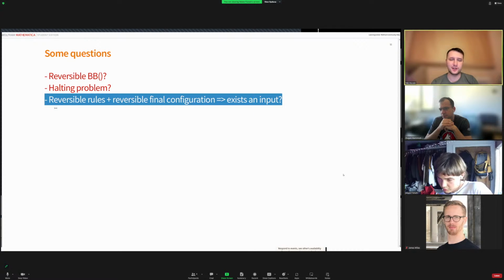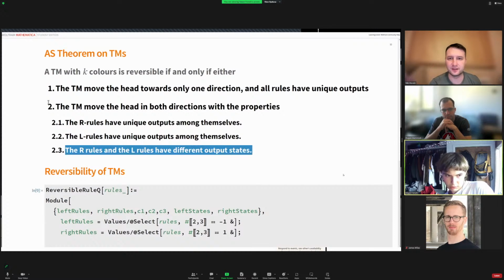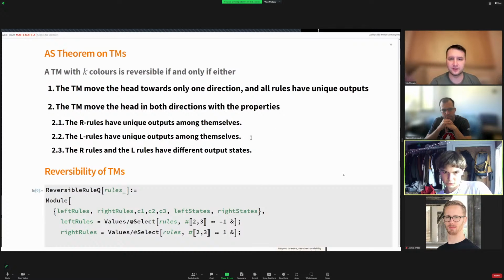But you do have a way to actually run it backwards, right? If you have a reversible rule, you have an actual function that constructs a machine that just reverses it. Yeah. The way you actually do the reversibility proof is because we have these conditions on our set of rules. If we want to reverse it, we just follow these.